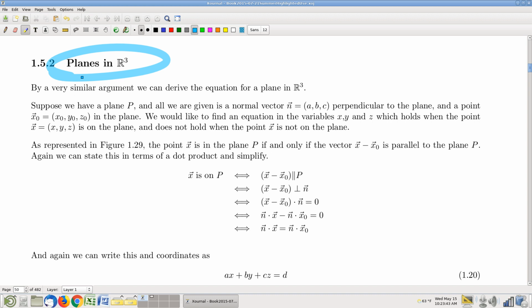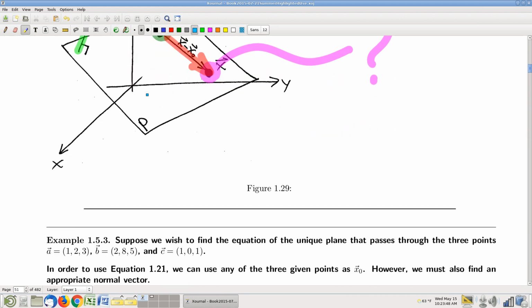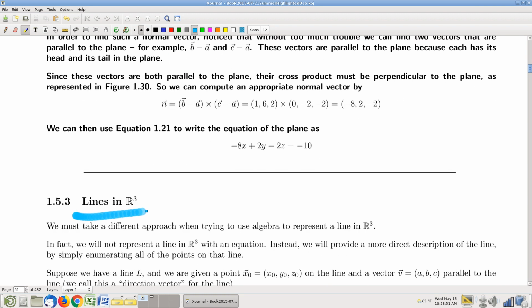So what I want to consider now is what do you do if that pattern does not hold? What if you have a line in 3-dimensional space? I claim that this whole idea of, look, it's entirely characterized by a normal vector, it's not true anymore. For example, let's think about lines in space that are perpendicular to, let's say, that normal vector.